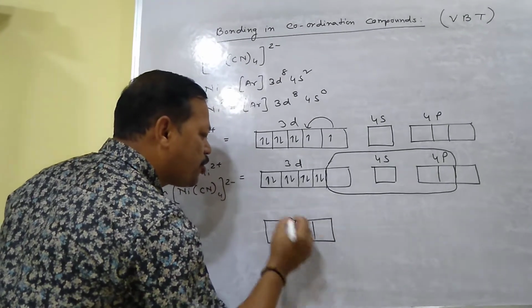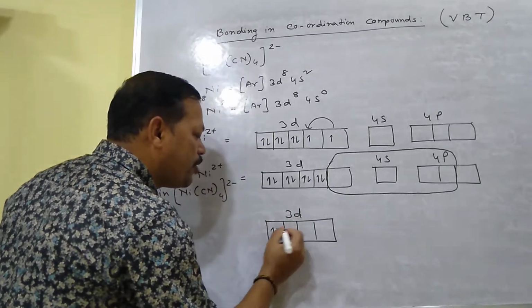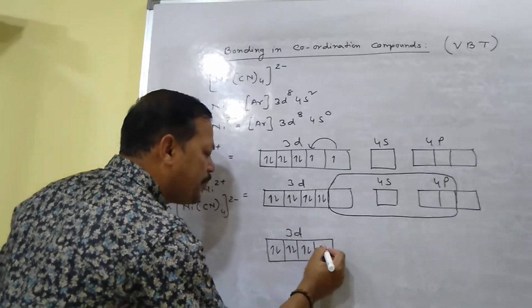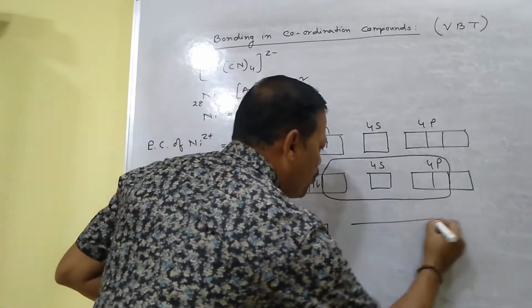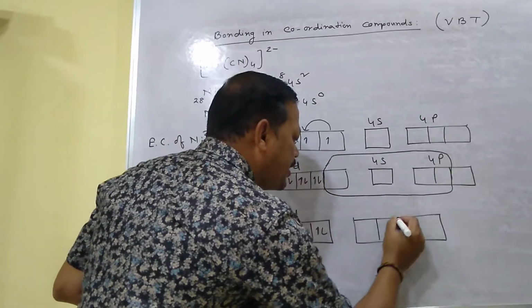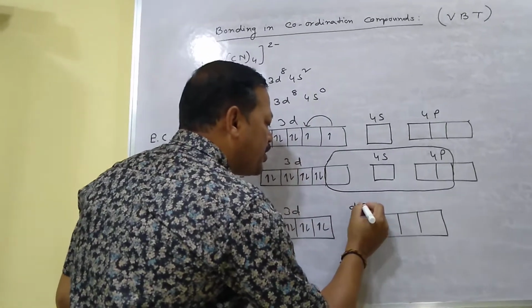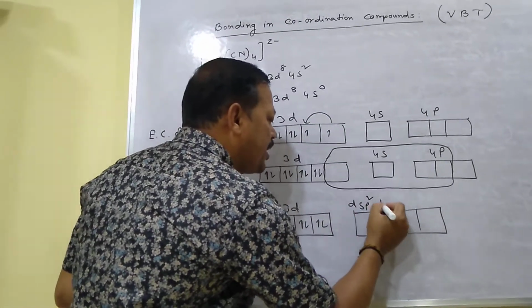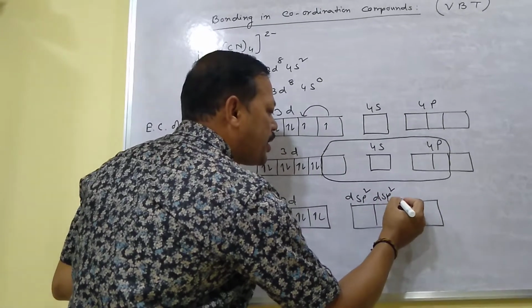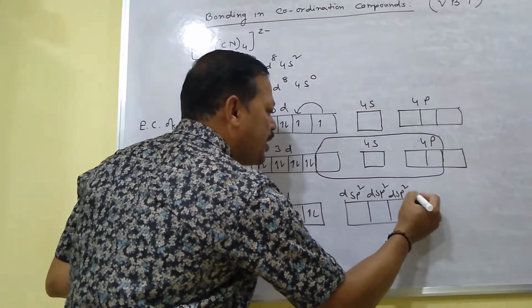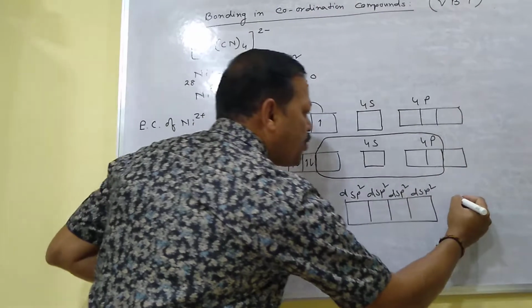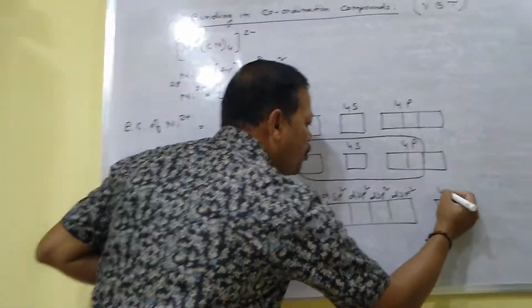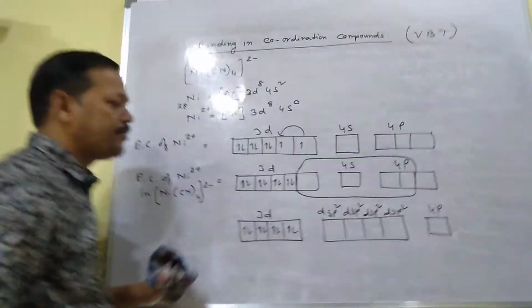Now in the 3d, 4 orbitals will be present, and one orbital is involved in hybridization. So you will get 4 hybrid orbitals like this, and these are called dsp2 hybrid orbitals, because one d orbital, one s orbital and two p orbitals are involved in mixing, and one orbital remains here, that is 4p, which does not involve in mixing.